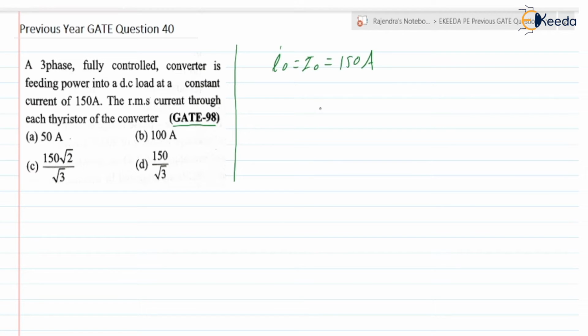If we draw the fully controlled converter, that is nothing but the fully controlled rectifier, the circuit diagram will be like this. We are having six thyristors.